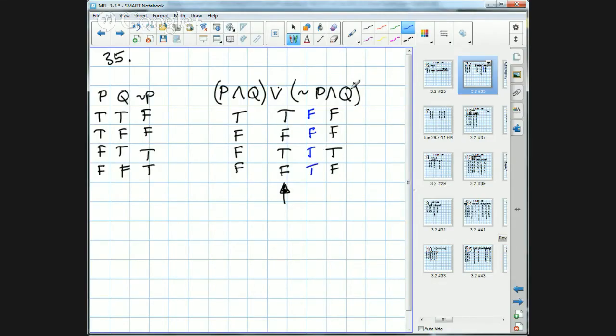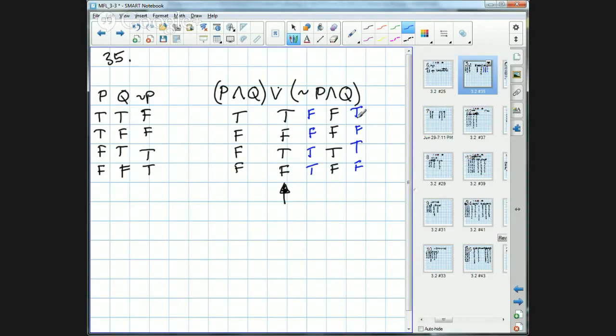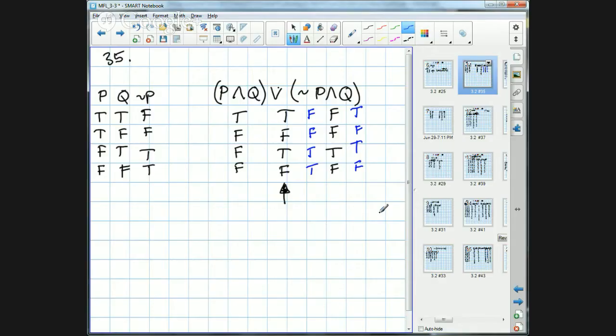That's F, F, T, T. And then let's copy the Q column. That's where I made my mistake. So all you're doing is copying. Yeah, I'm just taking this column and duplicating it. That's all it takes. That's the difference right there.